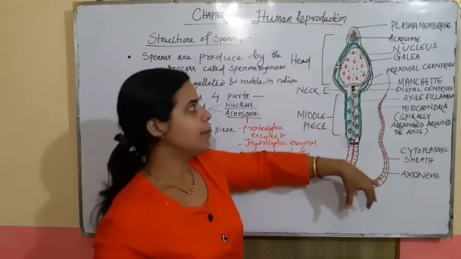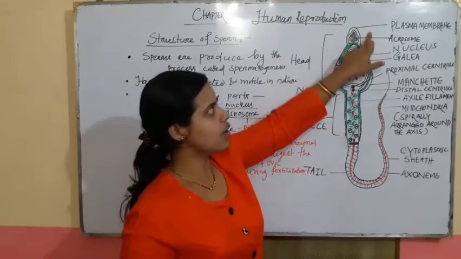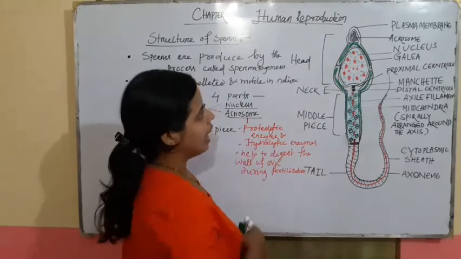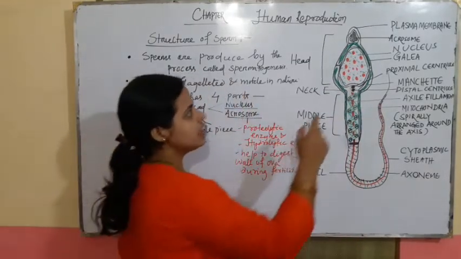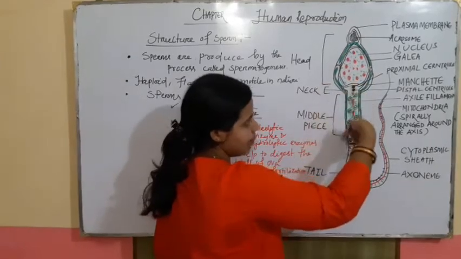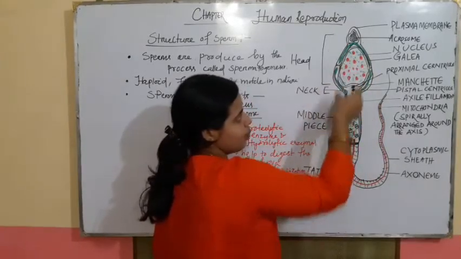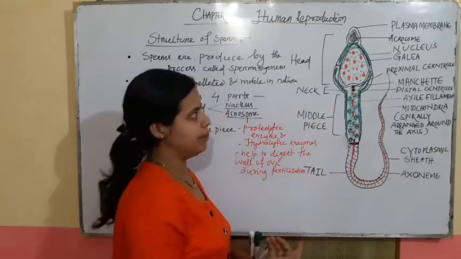And this nucleus and the acrosome, our entire structure is covered by a membrane. That membrane is called plasma membrane. And one of the main things we have to notice is that the nucleus and the middle piece, these two parts are covered by an extra membrane.